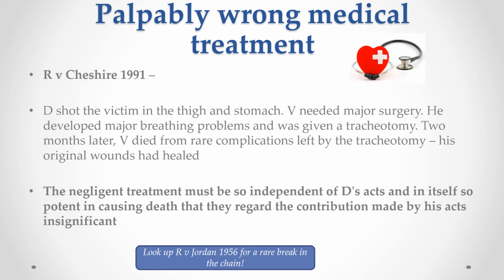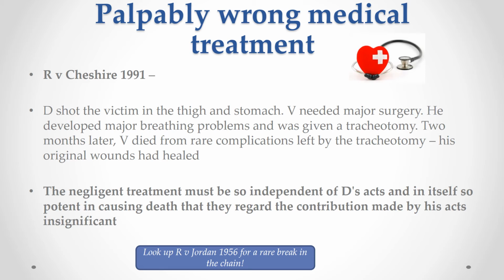Okay, the third one, if there has been any medical treatment that is considered palpably wrong. Okay, this is a term from the courts. So this comes from the case of Cheshire in 1991. So Cheshire shot a victim in the thigh and stomach, and the victim needed major surgery as a result. He developed major breathing problems and was given a tracheotomy to help him breathe.